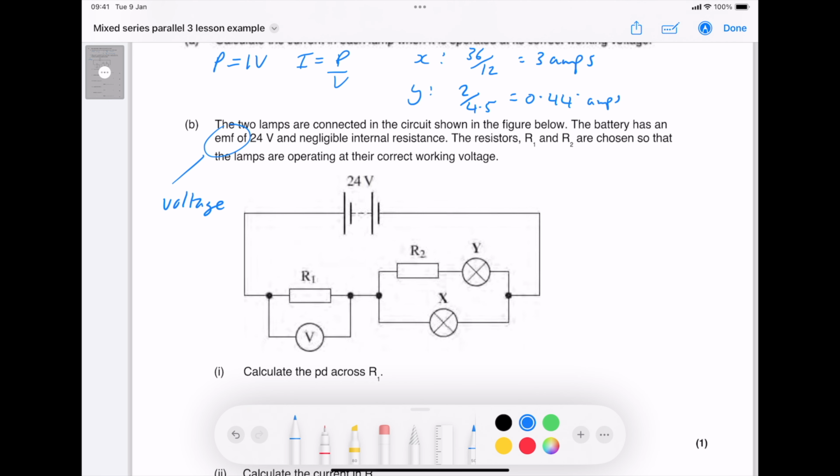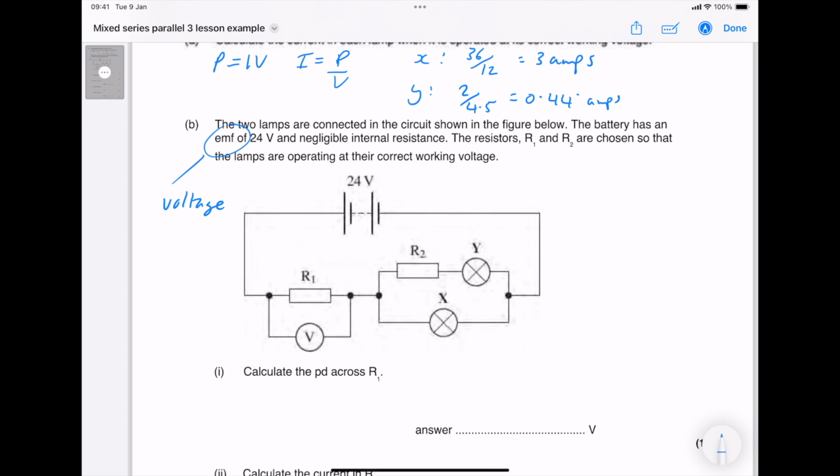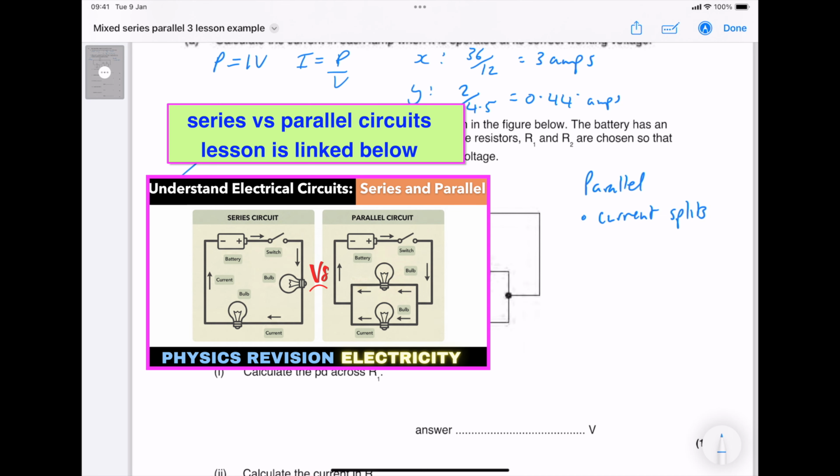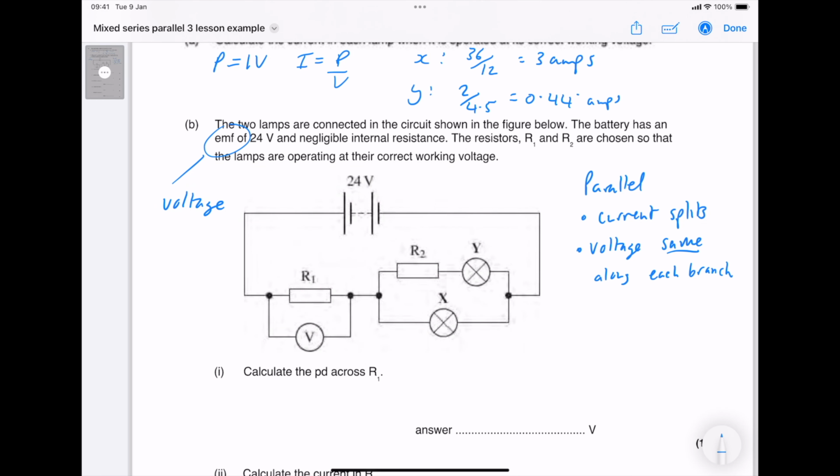A couple of things to recap before we answer these questions. So the potential difference across R1. Just a reminder, for parallel circuits, the current splits. I did cover this in my previous videos. The current splits and takes the path of least resistance, but the voltage is the same along each branch. Why am I saying this?